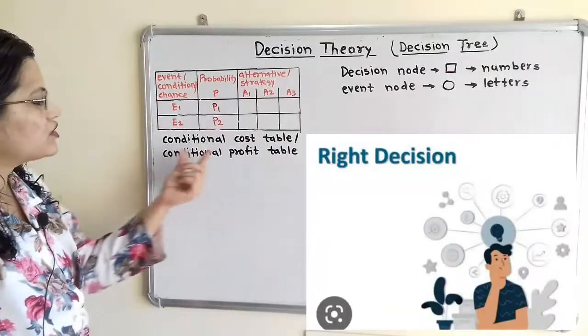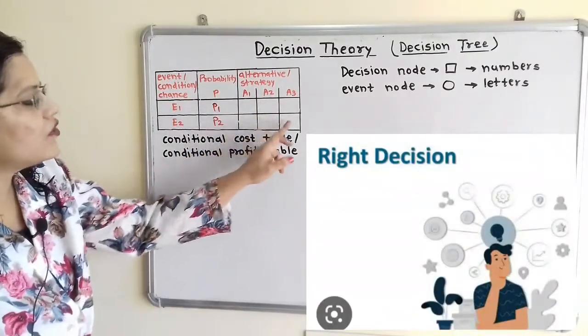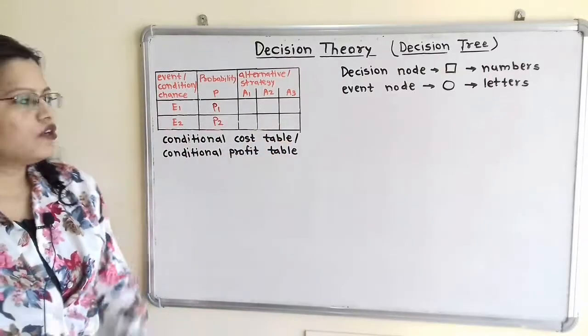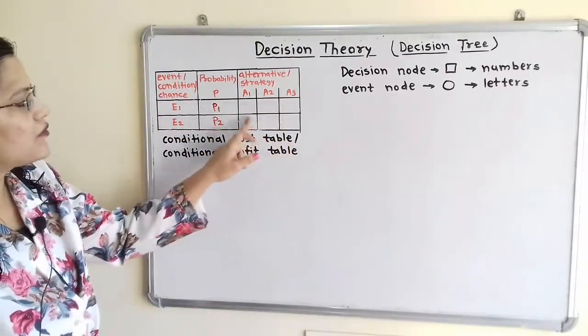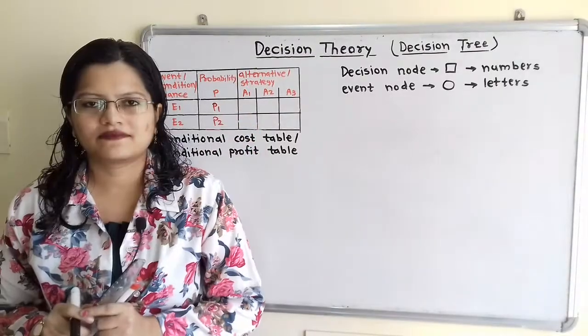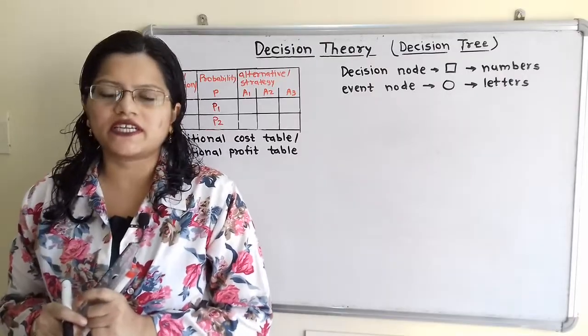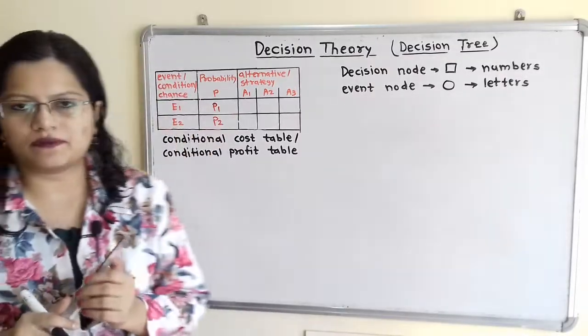And when the conditional profit table is given, then we have to select the alternative for the maximum profit. So here we have to put the values for the conditional cost or conditional profit. Let us understand how to draw the decision tree with the help of this table.